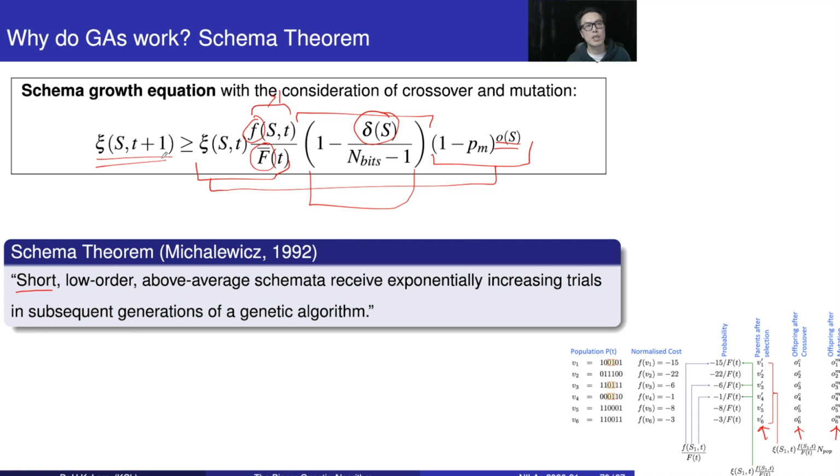So this explains why short, low-order, above-average fitness schemata receive exponentially increasing trials in the next iteration, becoming more and more. It is mainly because of this equation. Again, this theorem applies to the binary genetic algorithm subject to the configuration I mentioned at the beginning.